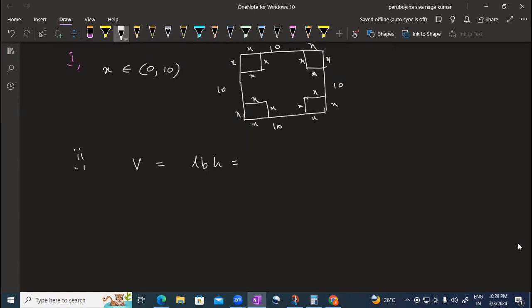Length value will be how much? 10. And that upward direction, H, is how much? 10 minus x, right? So 10 minus 2x into 10 minus 2x. This represents the volume of the box.